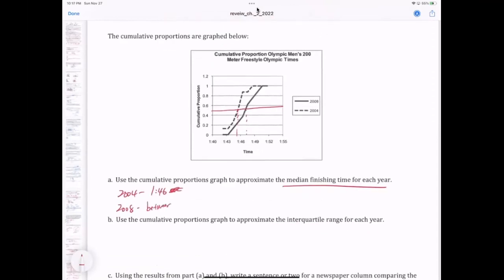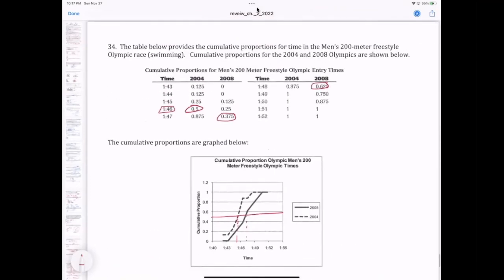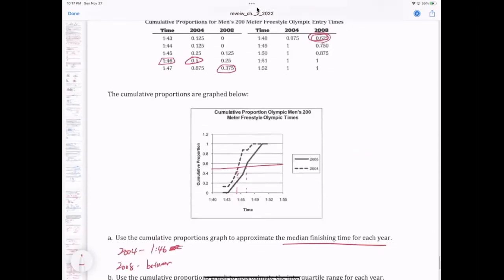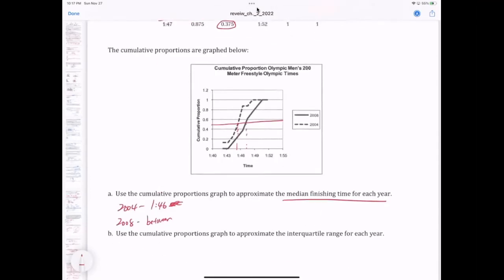I think they said it was about 148, but 148 definitely just gives you like 0.625. So I guess they want you to pick something. But to be more precise, I would say between 147 and 148, just because the median has to be that.